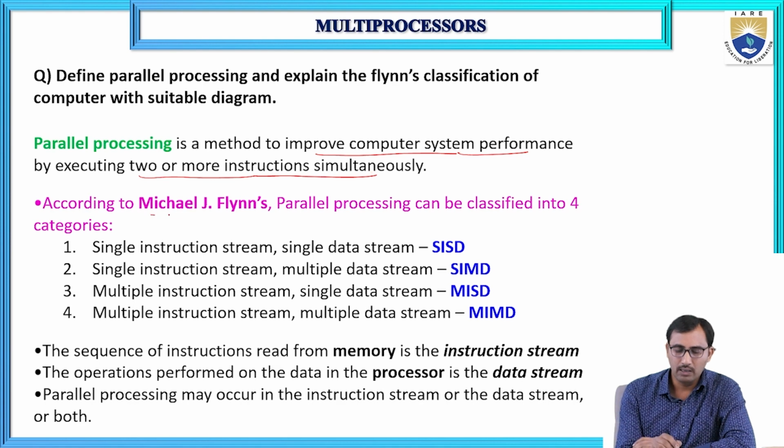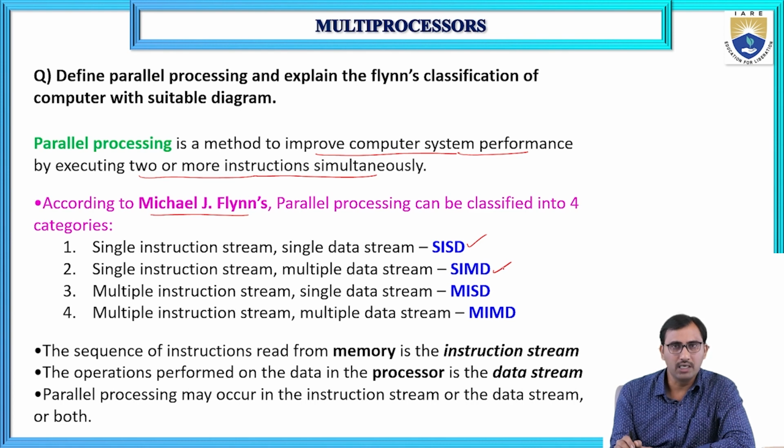According to Michael J. Flynn, parallel processing can be classified into mainly four types: SISD, that means single instruction stream, single data stream; SIMD, single instruction stream, multiple data streams; MISD, multiple instruction streams, single data stream; and MIMD, multiple instruction streams and multiple data streams.